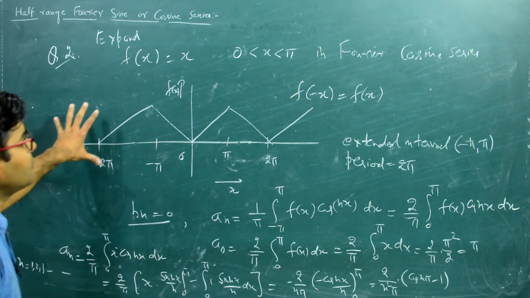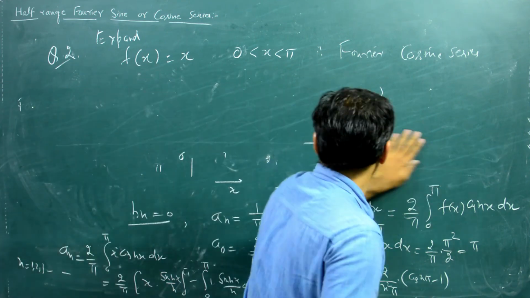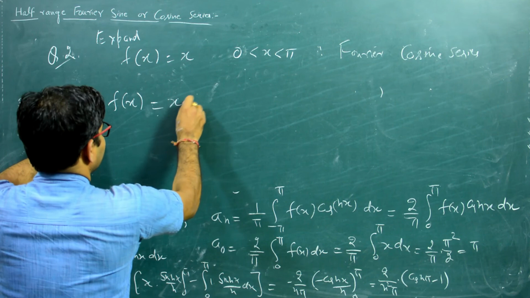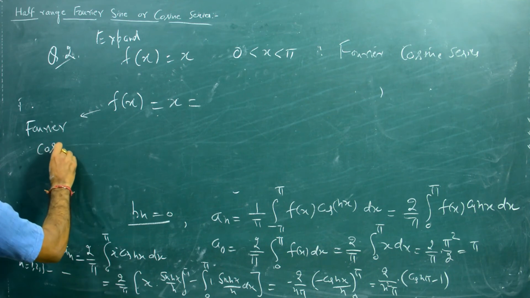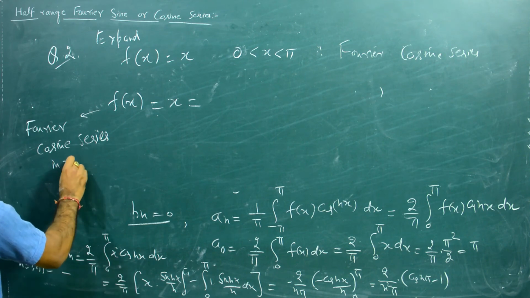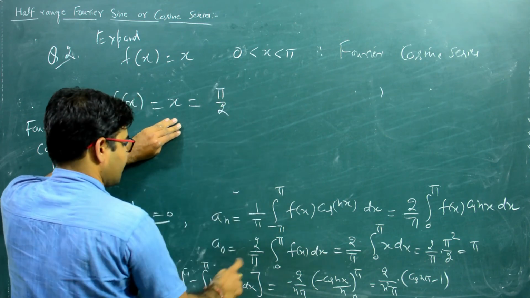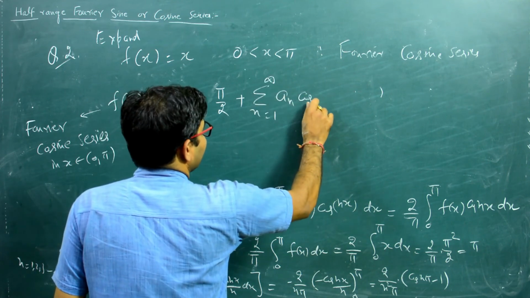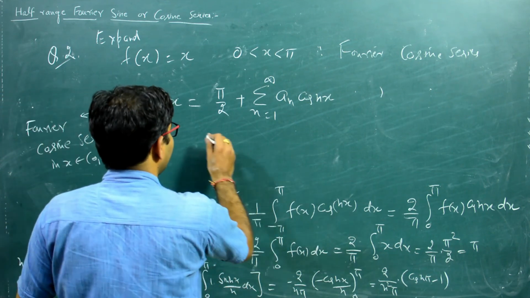Okay, so this is the result that we get. So if we write down the Fourier cosine series of the given function f(x) = x, in x belonging to 0 to pi, this is a0 by 2, that is pi by 2, since a0 is pi here, plus the summation n from 1 to infinity of an cos nx, and all bn's would be 0, because this was an even function, so that we made it an even extension.